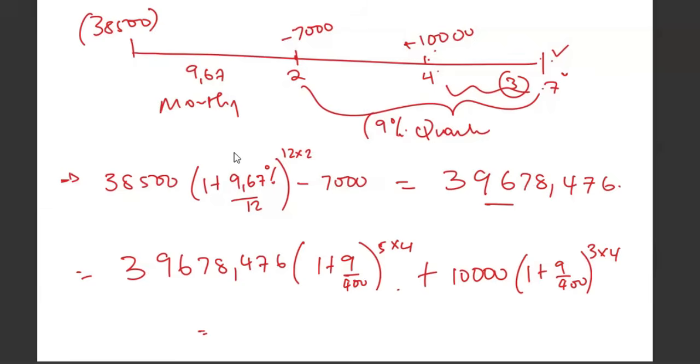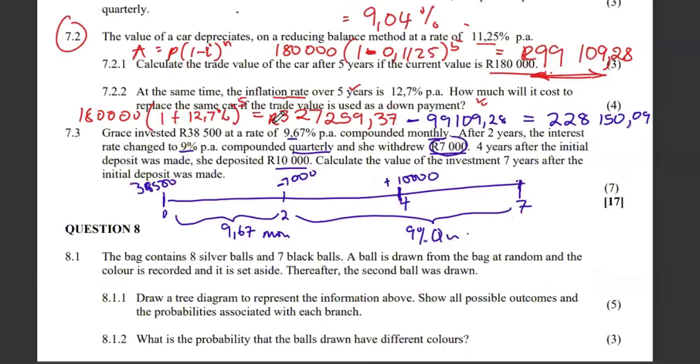So meaning that I'm going to end up with 74,979.13. So this is how much is going to be in the account after the 7-year period. Somebody would round it to 75 depending on how the rounding is being done.